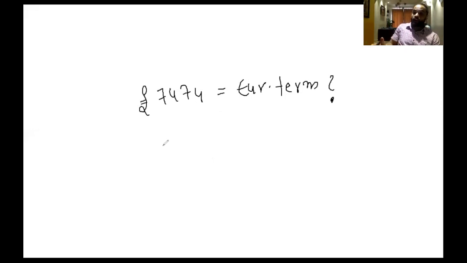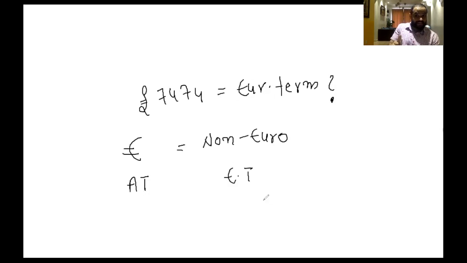If you have euro, so there are no dollars, then euro is American terms. Non-euro will be European terms.